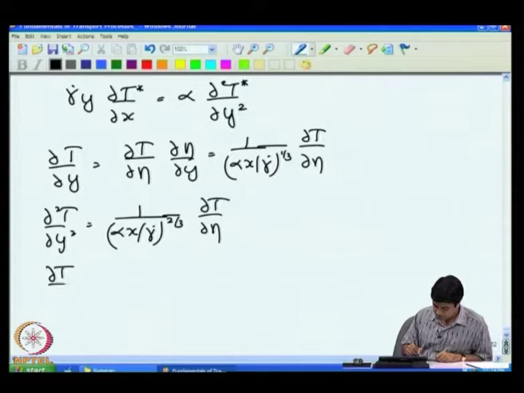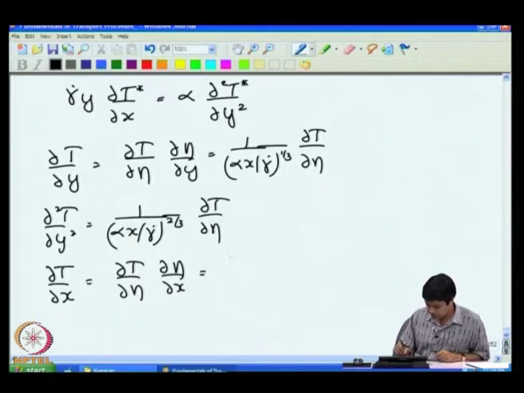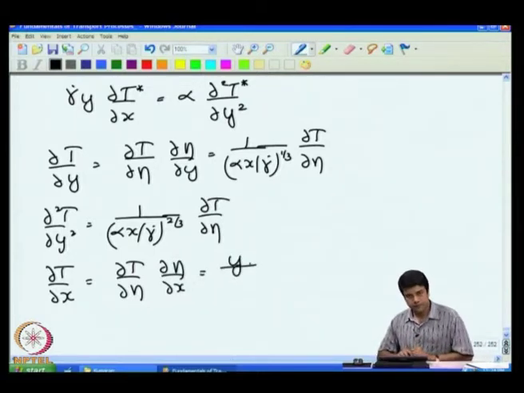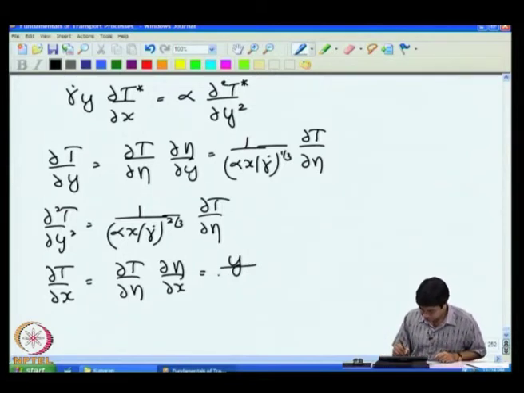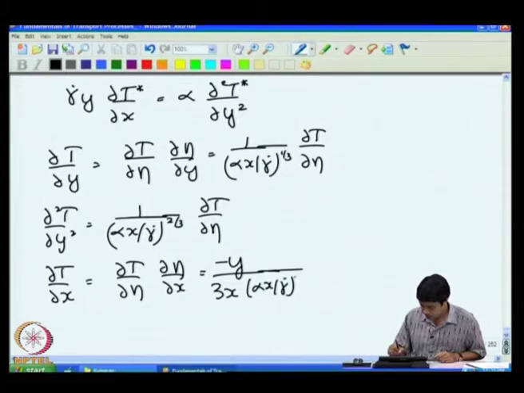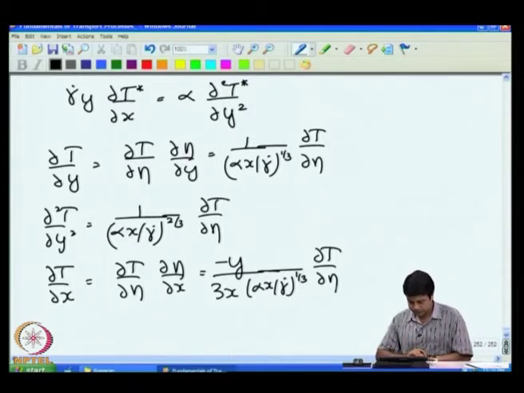And dT by dx is equal to dT by d eta times d eta by dx, which is equal to y times (alpha by gamma dot) to the power 1/3 times x to the power minus 1/3.